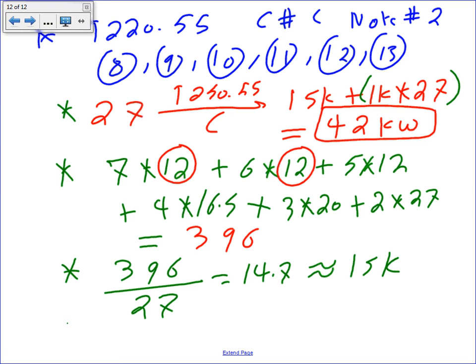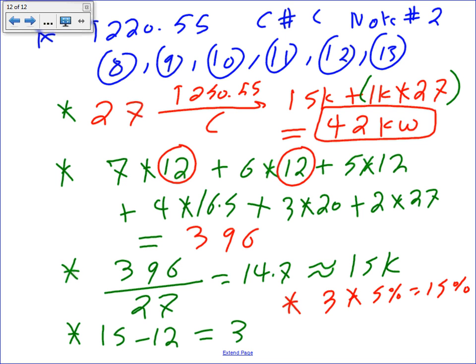Then you take 15 minus 12, which gives you 3, right? And the last step is you take 3 times 5%. That will give you 15%. That's your increase, 15%. And the last thing you need to do is multiply 1.15 times the number, 42.